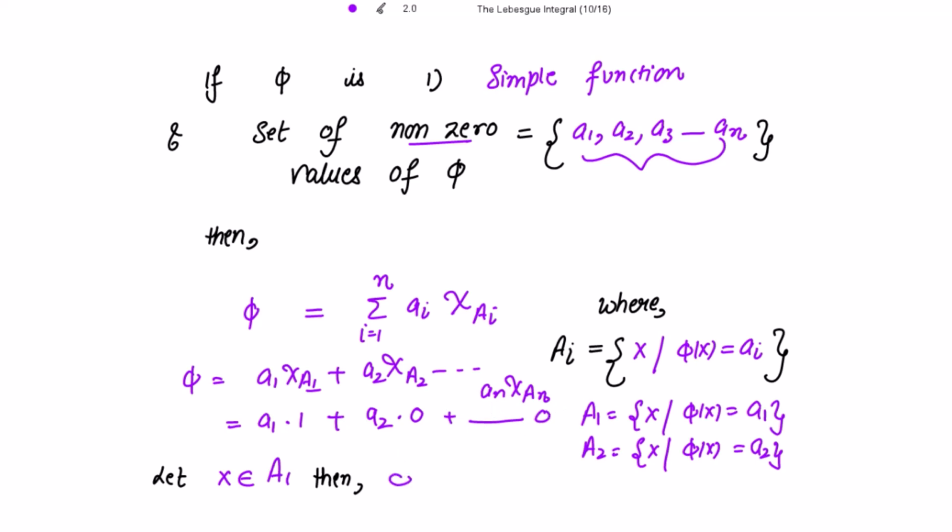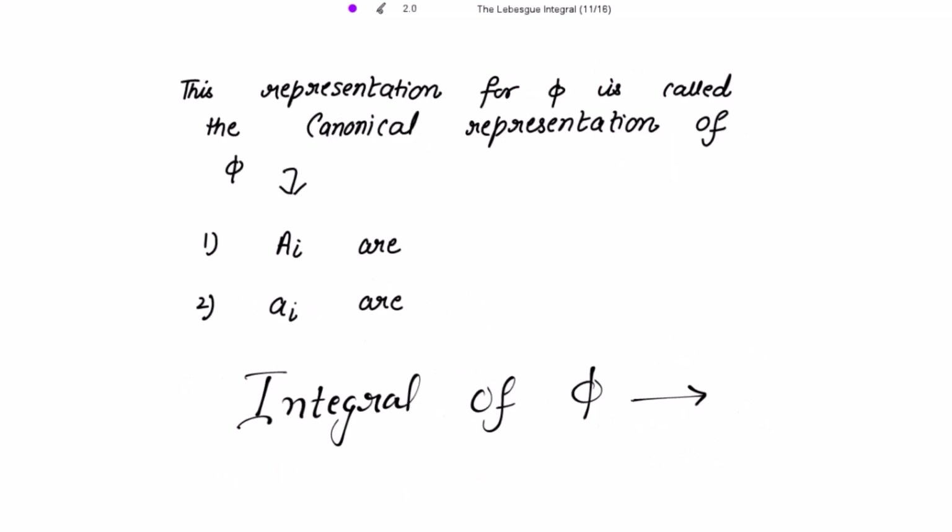So finally I have phi equal to a1 if x belongs to A1. Now this is clear. This representation for phi is called the canonical representation of phi.